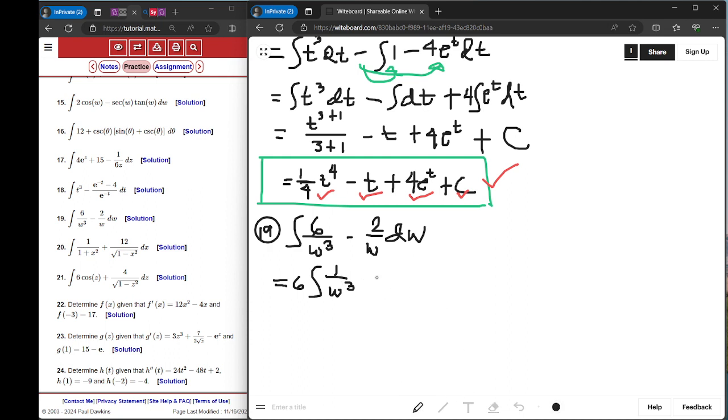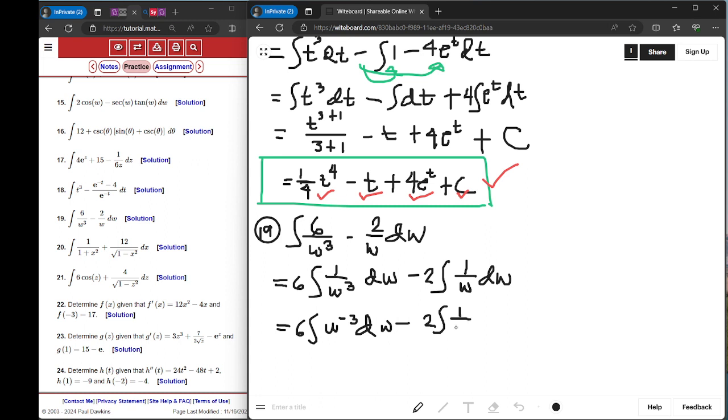Do not forget to write the derivative of w. We can rewrite the first term as w to the negative 3 dw, and keep the second term as is.